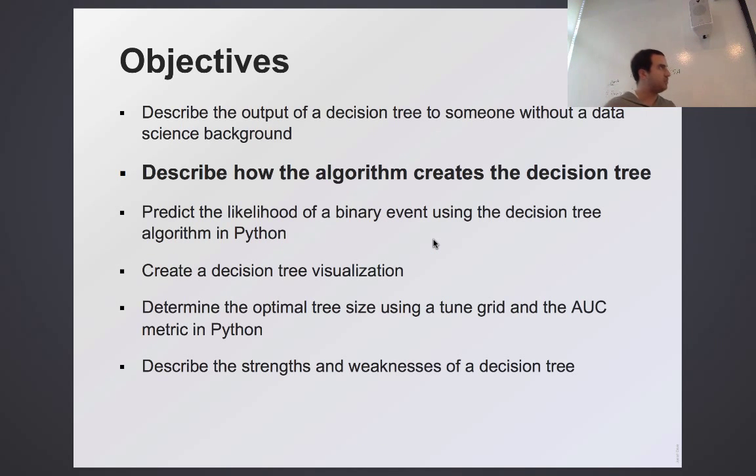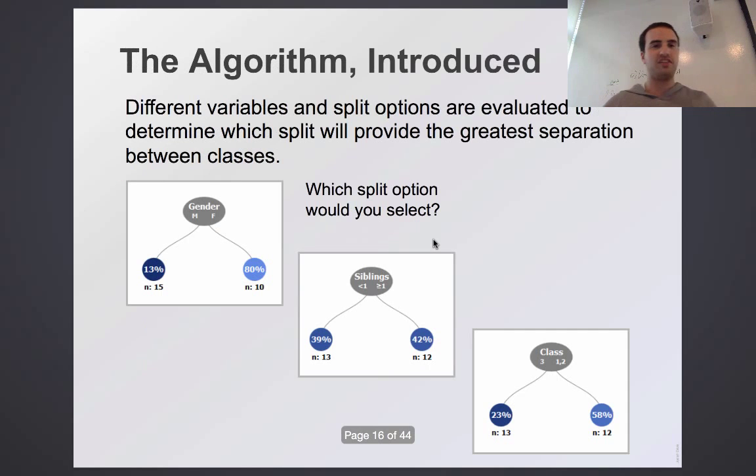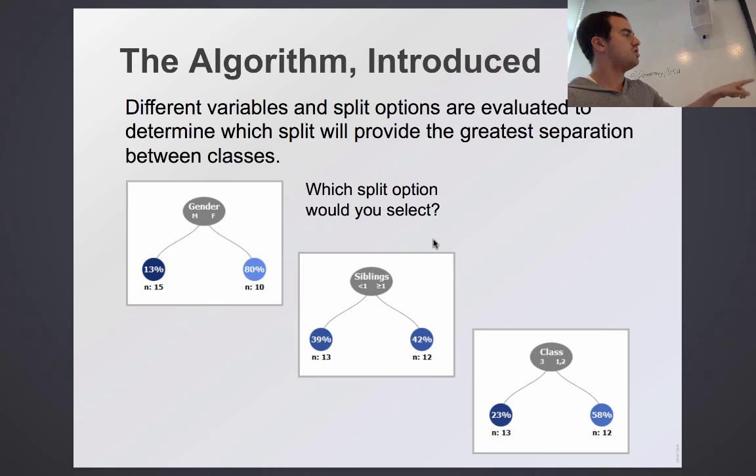So now we're getting into describing how it actually creates the decision tree. So different variables can be split. And the way the decision tree works is it tries several splits and determines which one is quote-unquote the best. We're going to define the best in a minute. So for example, I have up here 3 possible splits that I could have done initially.